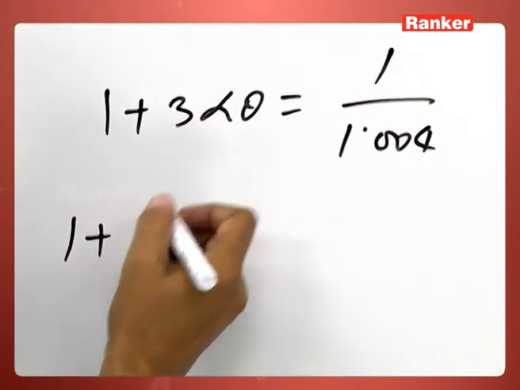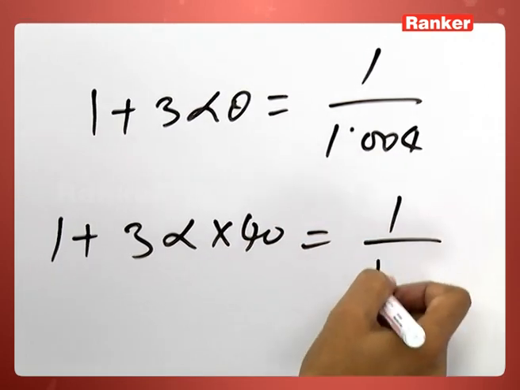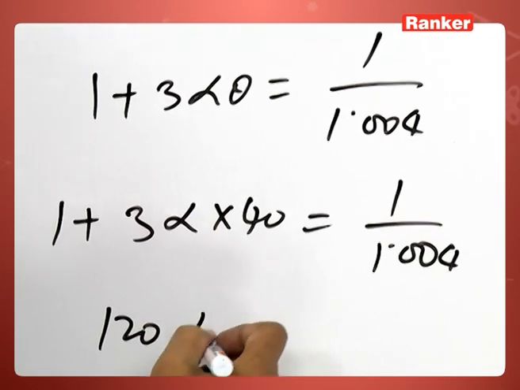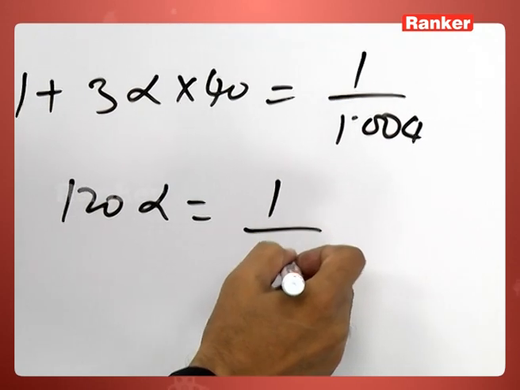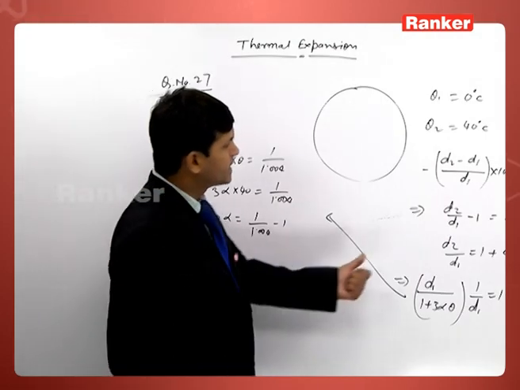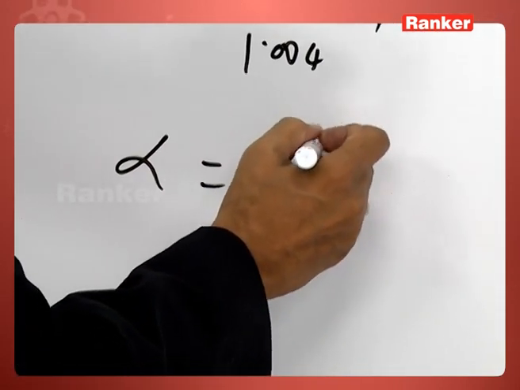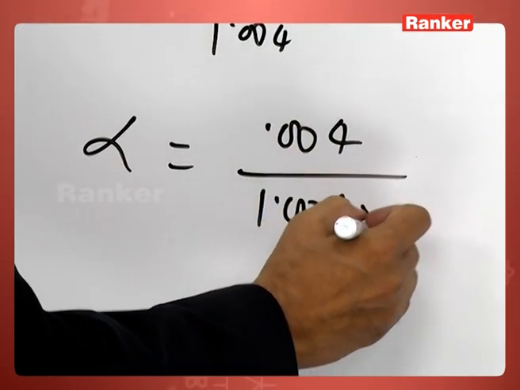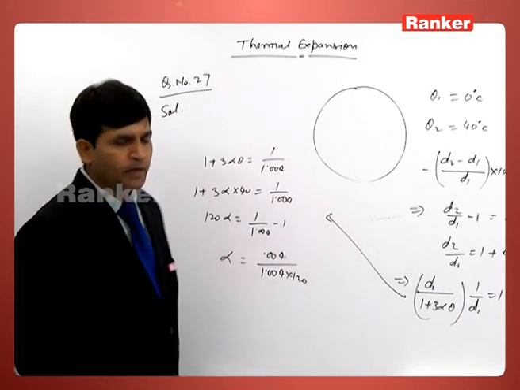Here 3 alpha is what we have to find, and theta is 40. So 120 alpha is equal to 1 by 1.004 minus 1. Since this is a negative term, the alpha value we can get is the modulus of 0.004 by 1.004 into 120, and after solving we will get 3.3.